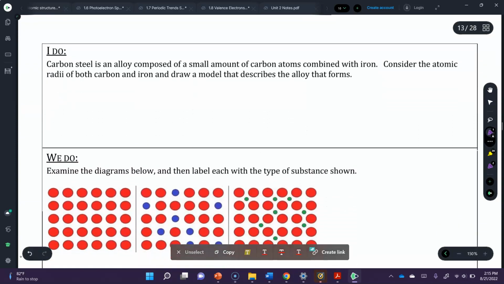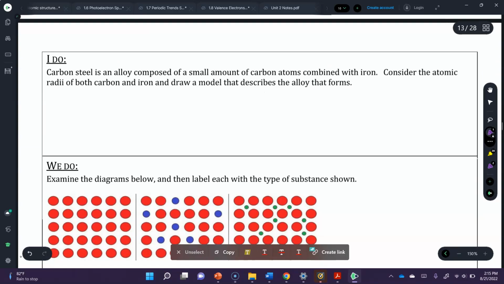So carbon steel, like the one above in the example, is an alloy composed of a small amount of carbon atoms combined with iron. Consider the atomic radii of both iron and carbon and draw a model that describes the alloy that forms. So we're pretty much going to copy that over, right? So we have a big repeating pattern of iron.